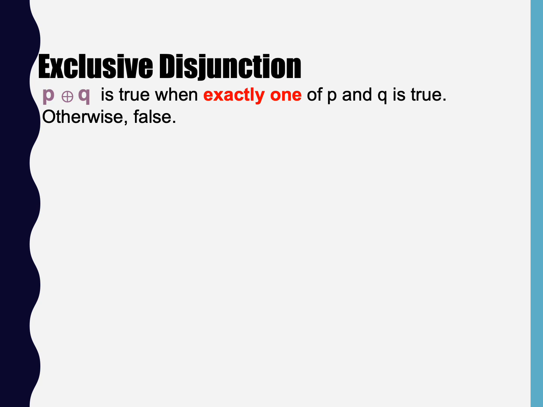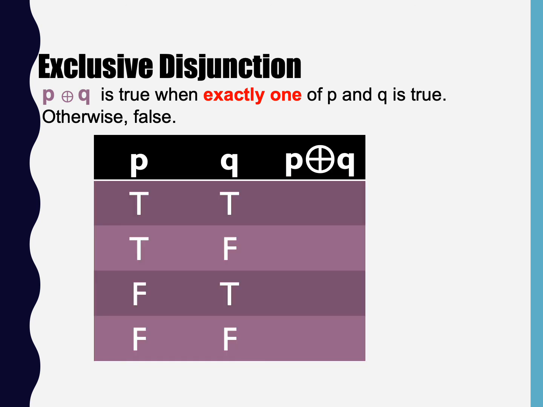Next, the exclusive disjunction of P and Q is true when exactly one of P and Q is true. Otherwise, it is false. Now, setting up the truth table for the following propositions, you just need to look for the propositions that have exactly one true.